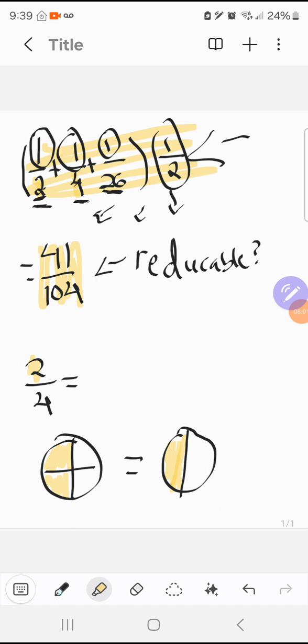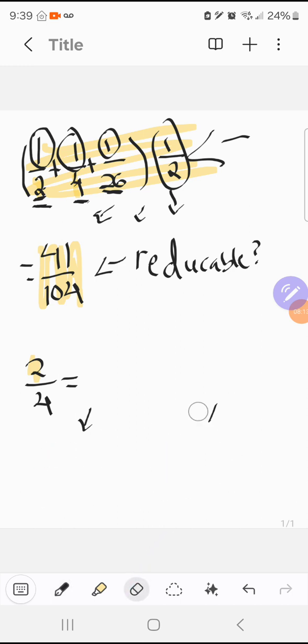Is it not? Here, half of our pie is filled out. Here, it's the same thing. That's what this up here is trying to show. 2 over 4 can equal 1 over 2. Why? Because 2 divided by 2 and 4 divided by 2, always divide by the same number, can equal 1 over 2.